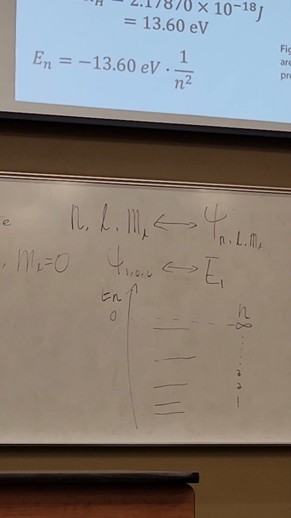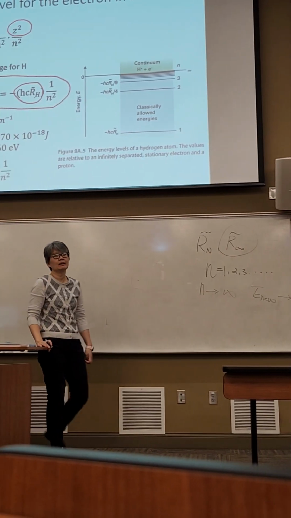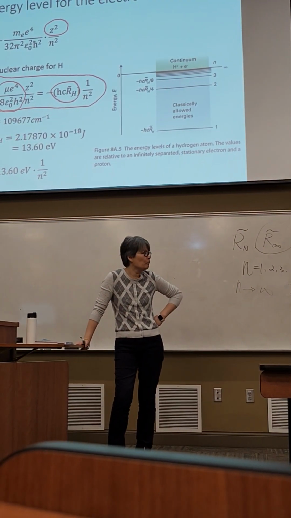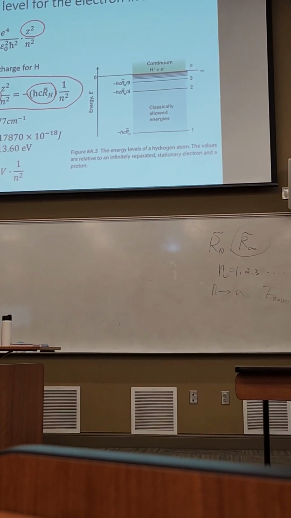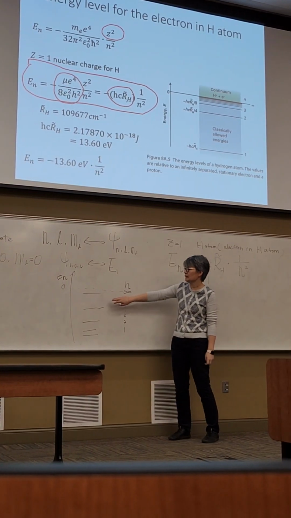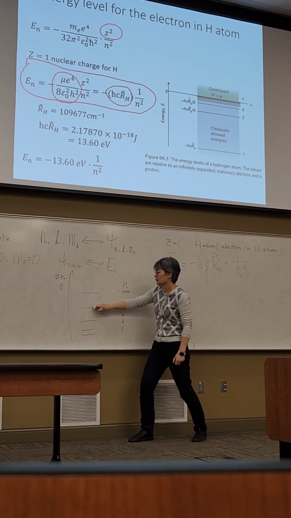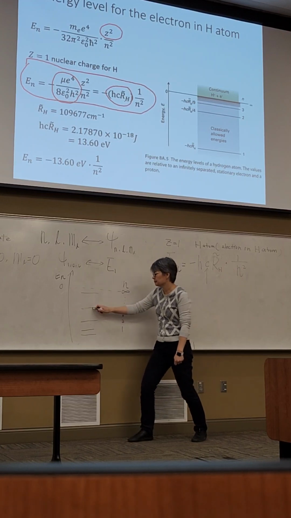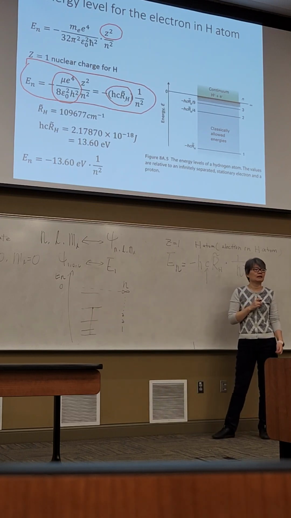All right, now one question is, what about the emission? I can have an electron hopping from one quantum state to another quantum state. Let's say the electron is at this particular quantum state and I want it to hop back down to this particular quantum state.